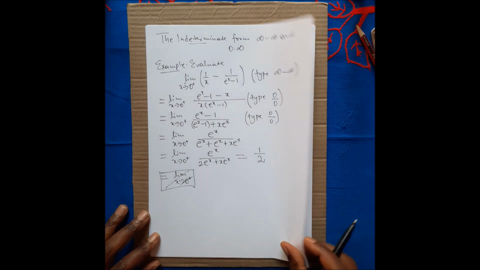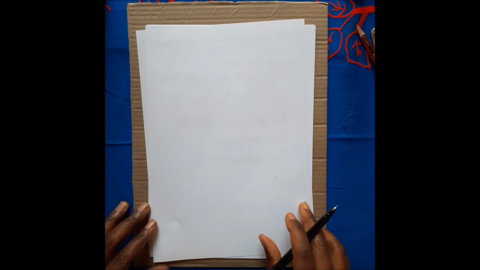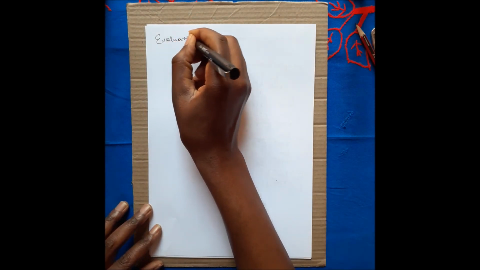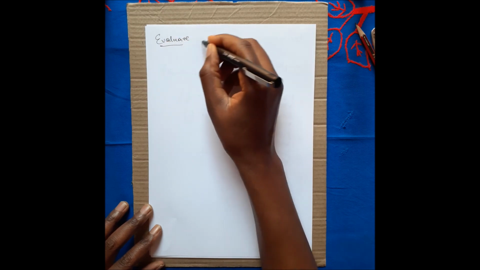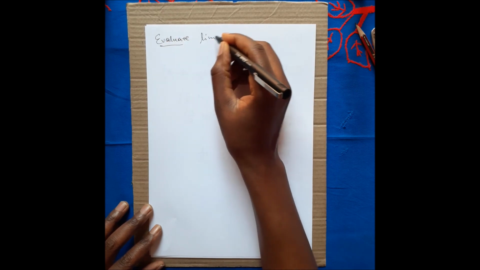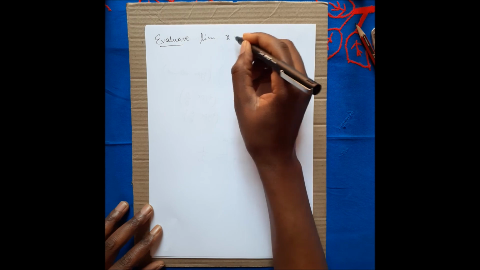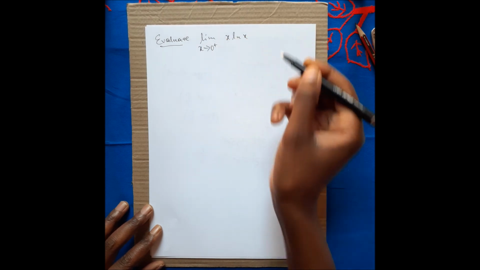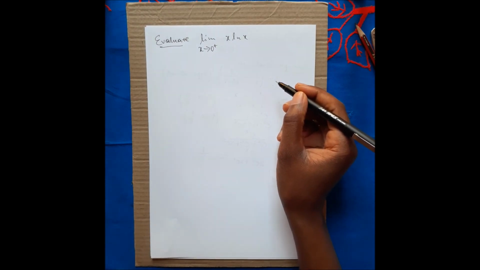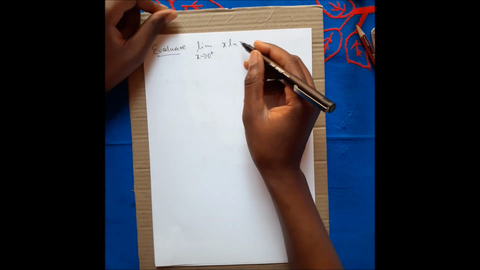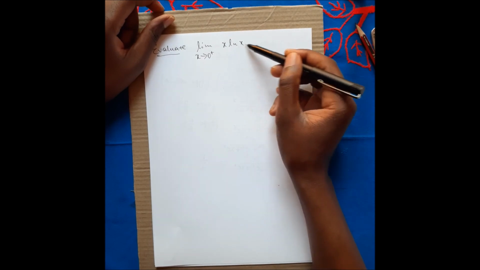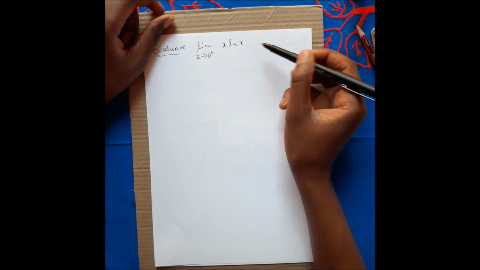Then we can look at another example. Let's say evaluate the limit of x ln x, x approaching 0 from the right. Now, if you do direct substitution, this is going to be 0 times ln of 0, which is infinity, because ln of 0 is not defined.